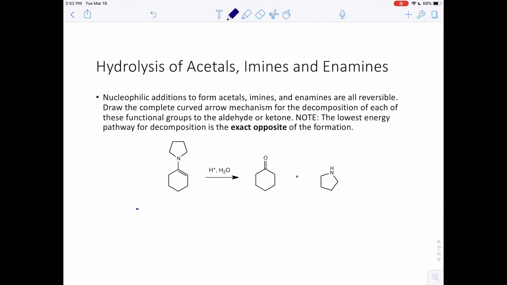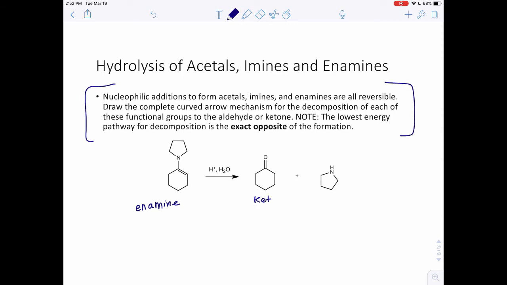One more mechanism to go. We are almost there. This is the same introduction that I've had on every single one of these slides, which is that the hydrolysis will be the exact reverse of the formation. So the hydrolysis of an enamine gives us a ketone and a secondary amine. The first step of hydrolysis is going to be the final step of an enamine formation.